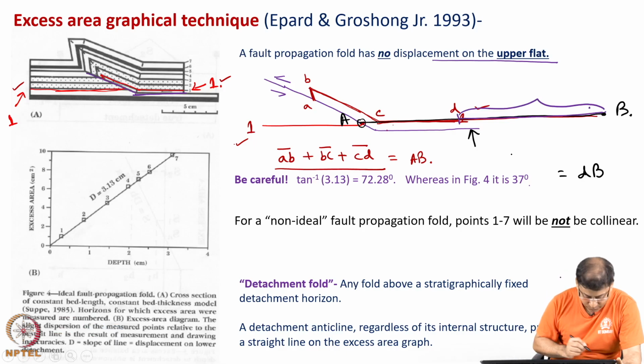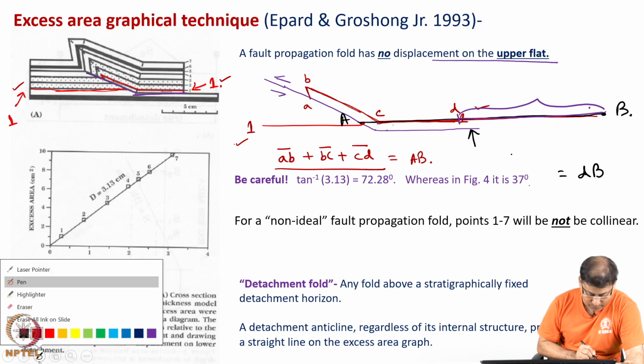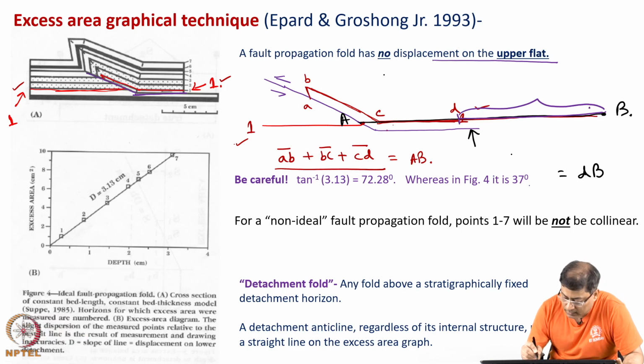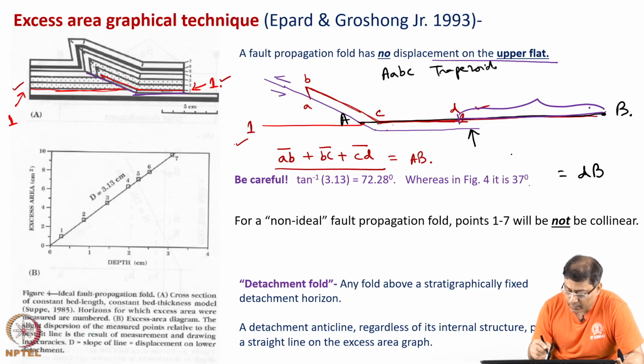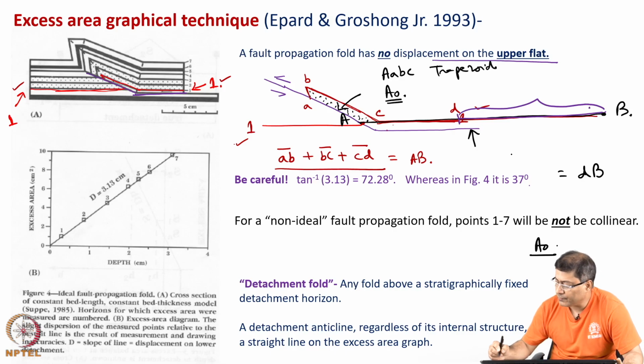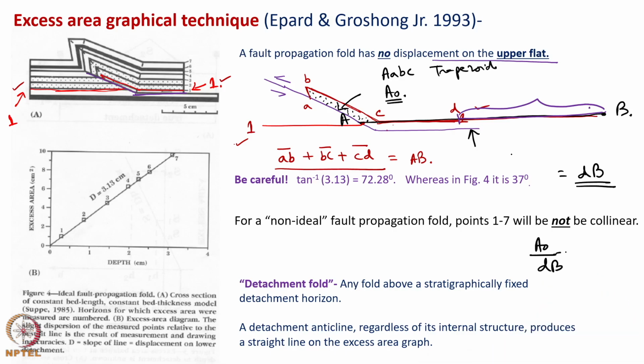Next, I have to find out this particular area. Now, note that the quadrilateral capital A, small a, B, C is a trapezoid. So, applying the formula of area of the trapezoid, we can obtain this entire area. Say this area is given by A0. Now, divide A0 by the dB length and what we obtain is the depth of detachment D0.